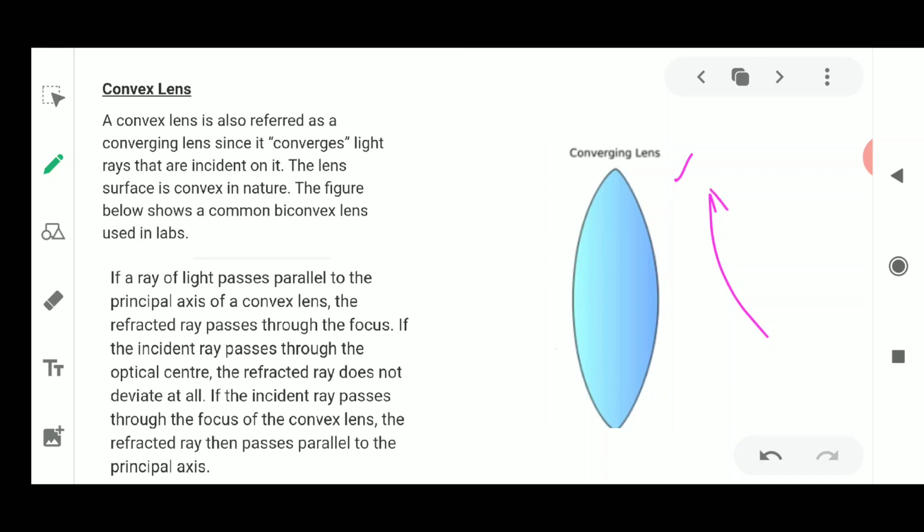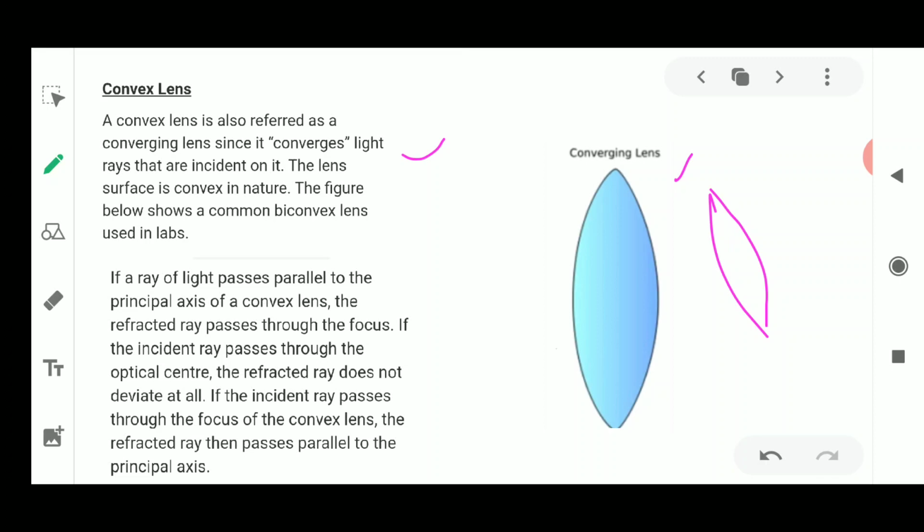It is always drawn in this manner, where the two sides of the lens are curved outwards, okay. A convex lens is also referred to as a converging lens, since it converges the light rays which are incident on it. Rest other things remain the same, as we have seen in the laws of refraction.